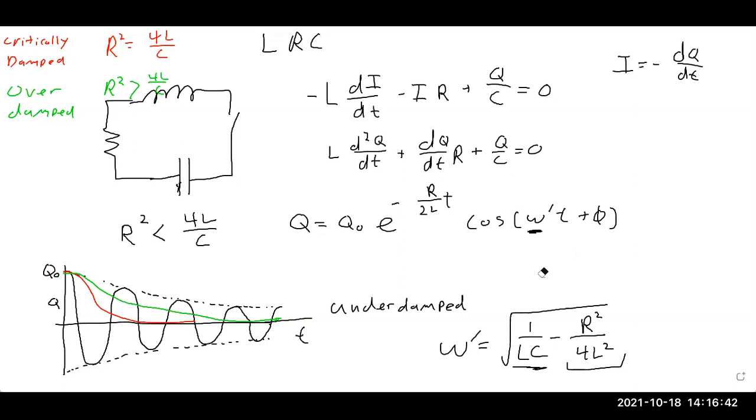And eventually our solution breaks down for what our new frequency would be. And then it just doesn't exhibit oscillations anymore. It's just more exponential decay-like. And what determines that is how big the resistor is compared to the ratio of the inductance over the capacitance.